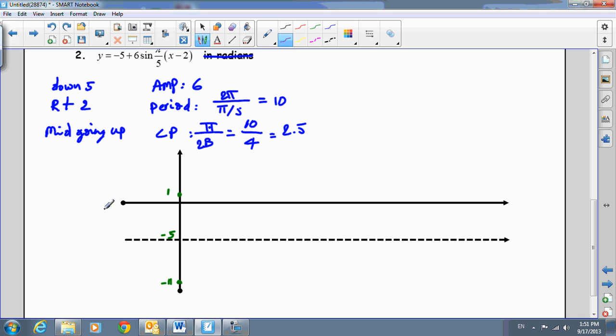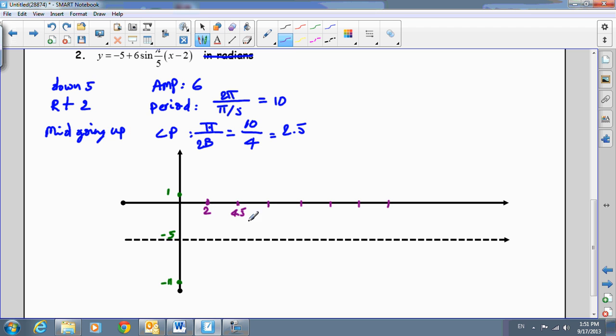To label my axis, I need to have everything by 2.5, the distance between two lines, labeling. But everything shifted 2 units to the right. So if I start at 2, somewhere here, the next one should be 4.5, and you will keep labeling them all the way till you make sure that you have 2 complete cycles.